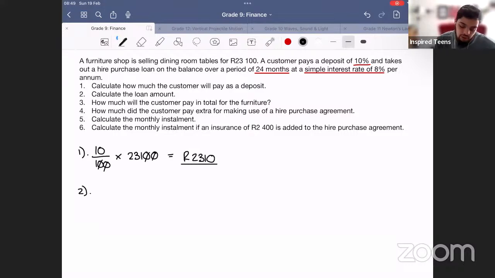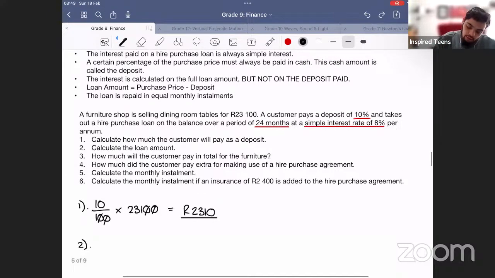Number two, calculate the loan amount. So what you actually are loaning, because technically you are loaning from the furniture shop, because they're giving you the goods and the goods cost money, but you don't have that money. So it's like you're technically loaning that money, you buy the goods, and now you're paying off that loan. The loan amount is always the purchase price minus the deposit.